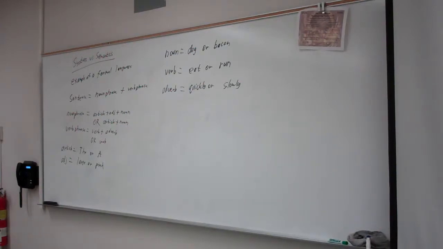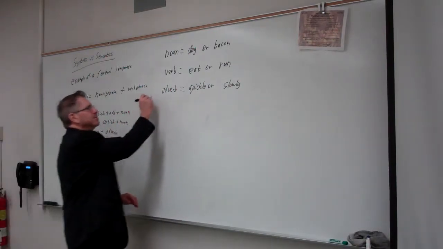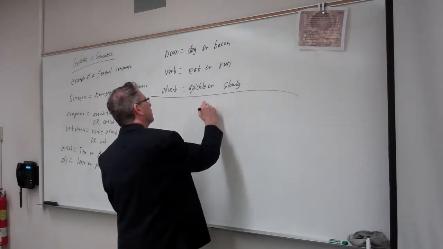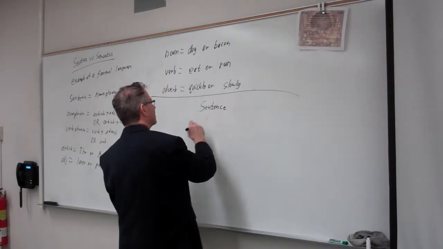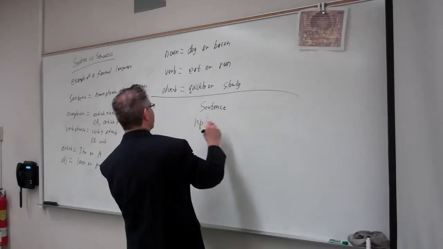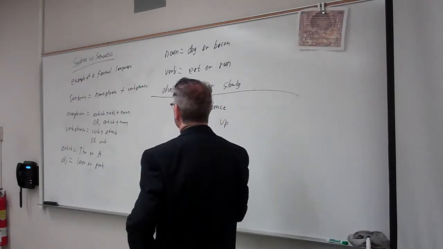Right? So we can do two things with this. One, we can identify something and say whether or not it's a sentence. And two, we can use this to construct sentences. So it can be used for analysis or synthesis. So for example, a sentence is a noun phrase followed by a verb phrase.